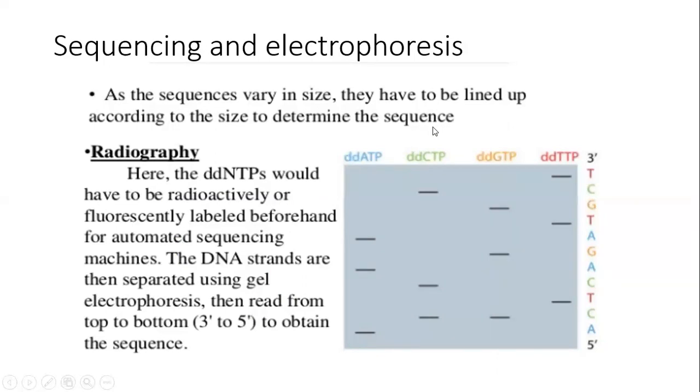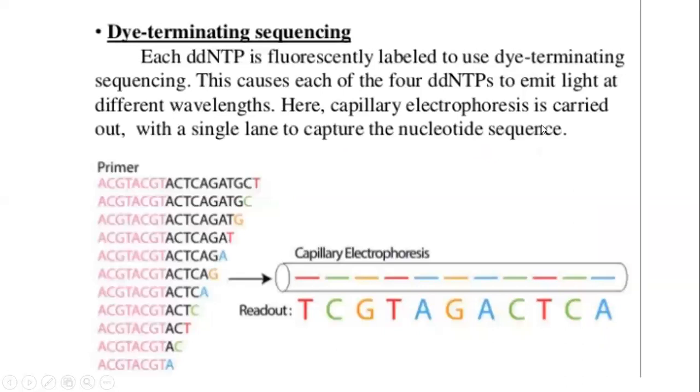Okay, so nowadays, people make use of these fluorescently labeled dideoxynucleotides for chain termination reaction. And this method is used with the more modern method, which is known as capillary electrophoresis, and that is going to help in automation of the process.